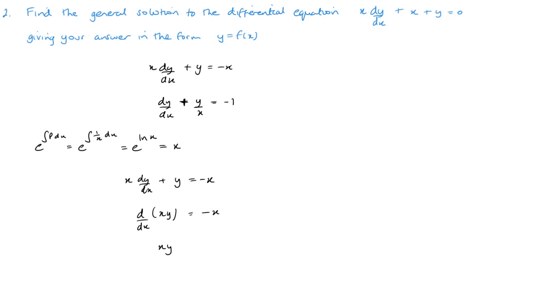Now integrating both sides gives me, and now I'm integrating minus x dx. So xy, this is going to be minus x squared over 2 plus c. So y is going to be equal to, dividing by x, minus x over 2 plus c over x.